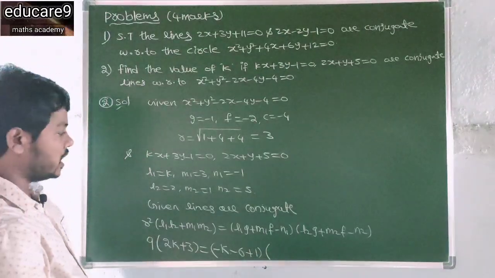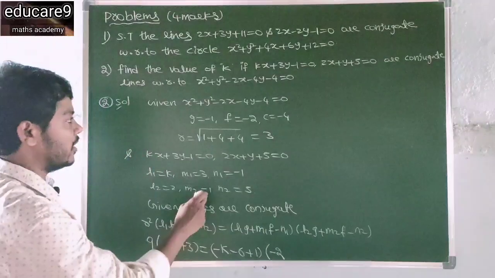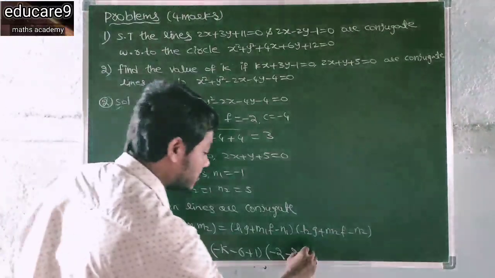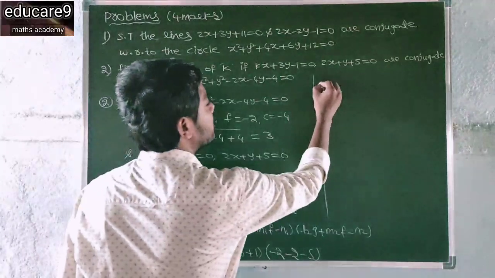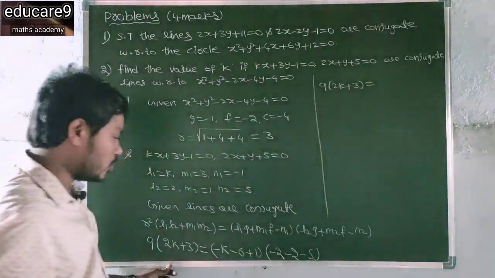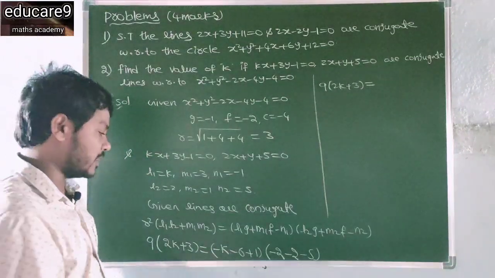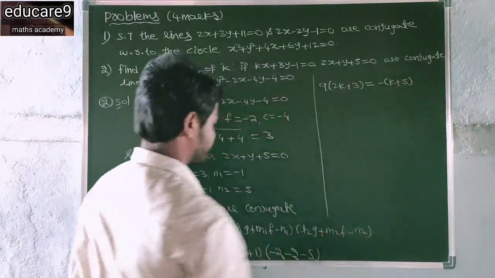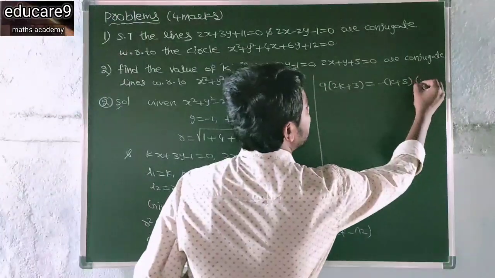Into L2G, 2 into minus 1, minus 2, M2F, 1 into minus 2, minus 2, minus N2, so minus 5. So this is 9 into 2k plus 3 is equal to, here minus k, here minus 6 plus 1, you will get minus 5, that is minus of k plus 5, and here minus 9.